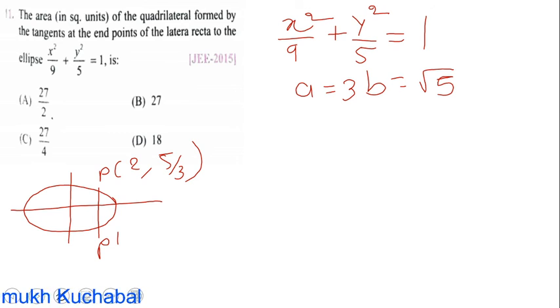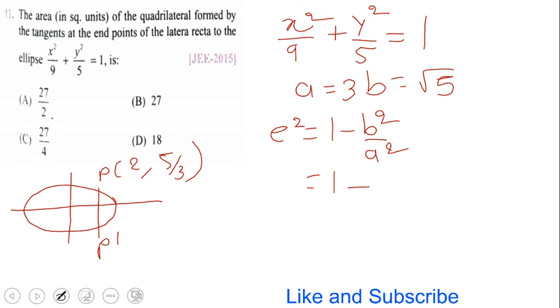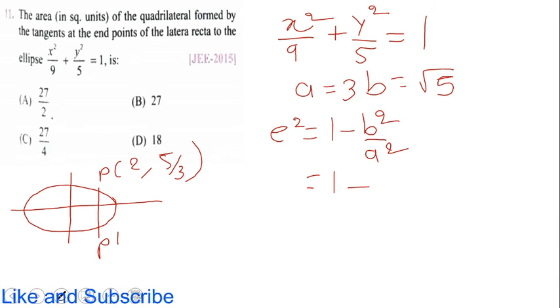Then I write the relation between a and b: e square equal to 1 minus b square by a square. b square is 5, a square is 9.